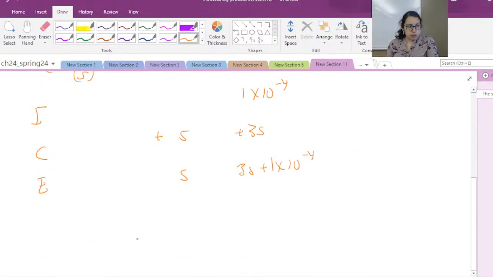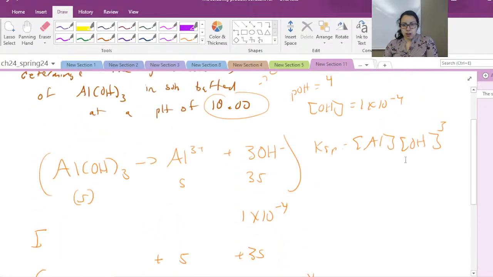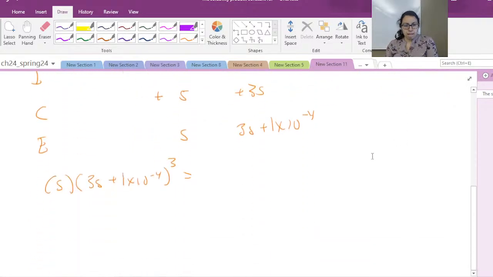Now we can start plugging all of those expressions in: S times (3S plus 1 times 10 to the -4) cubed, because that has to be cubed from our KSP expression, equal to 8.3 times 10 to the -32. And so there's our hint for the simplification.